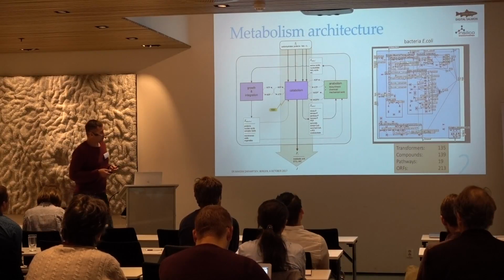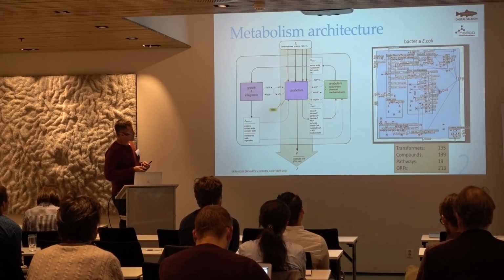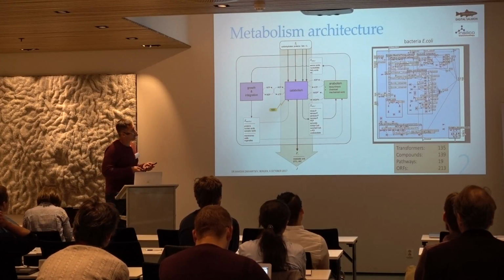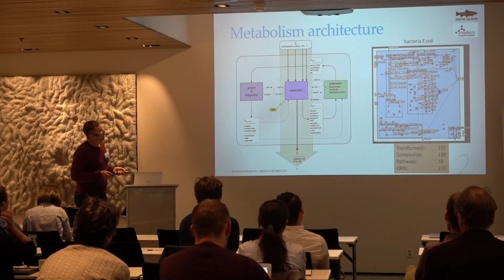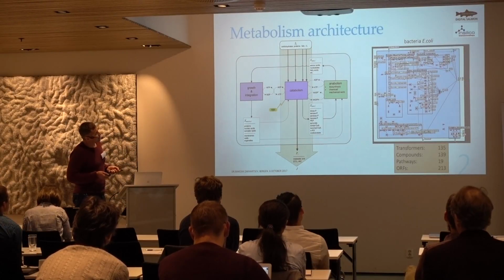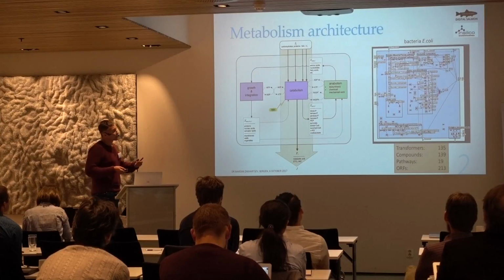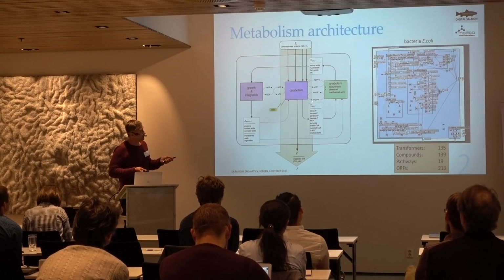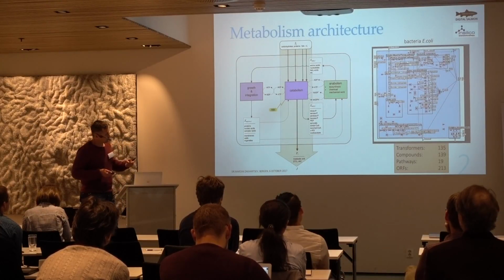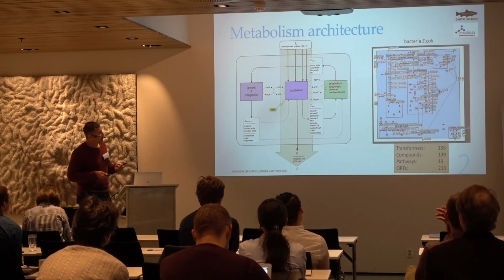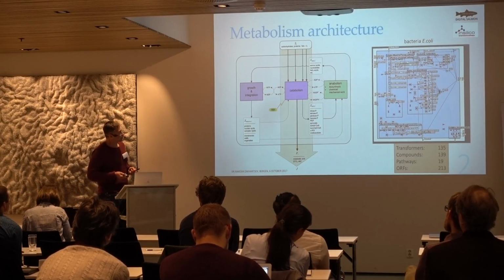Sometimes this topic is challenging, but it can be solved even on the level of stoichiometric models. For example, in this stoichiometric model of Escherichia coli, 135 transformers are already sufficient to formulate all the details of the energy metabolism for anaerobic and aerobic conditions.